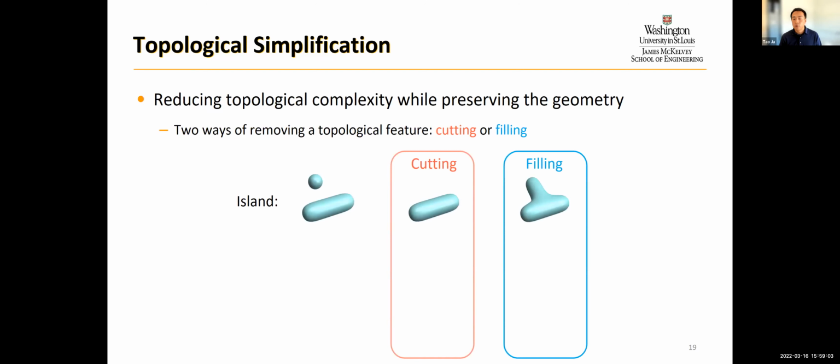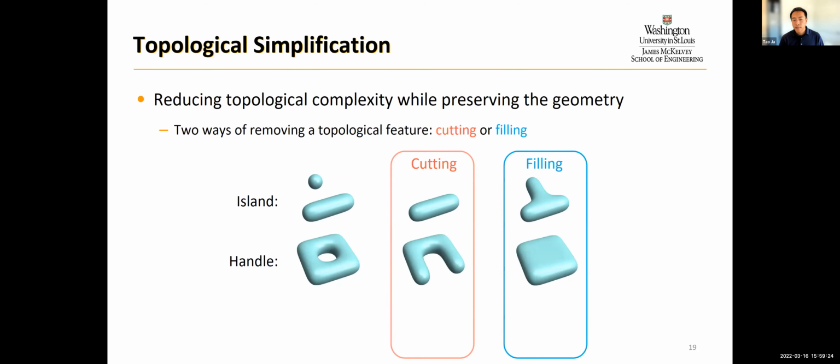So let's say we want to remove an island. There are two islands here. Let's say we want to remove one. Well, the cutting approach will be to just completely remove one of the islands, take it out, okay? And then you reduce the number of islands by one. The filling approach will be building a bridge that connects the two islands. You will also reduce the total number of islands by one. So that's cutting and filling.